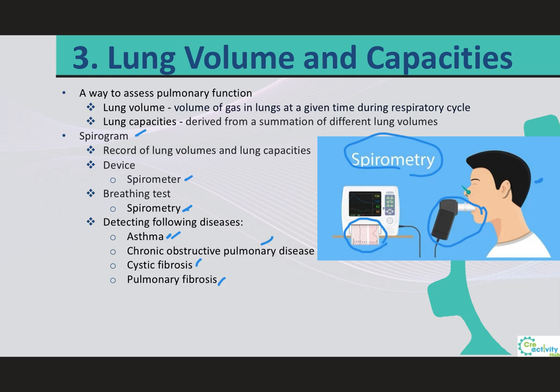With regards to chronic obstructive pulmonary disease, which is commonly known as COPD, this will be a group of diseases that cause airflow blockage and breathing-related problems, and it usually includes emphysema, which is a lung disease that damages the alveoli of the lungs, and the primary symptom of emphysema is shortness of breath.